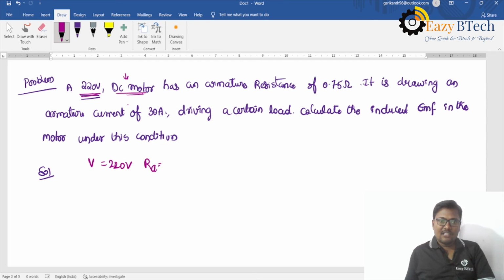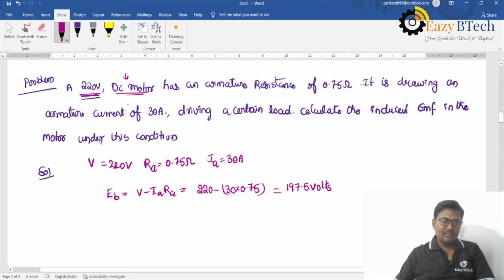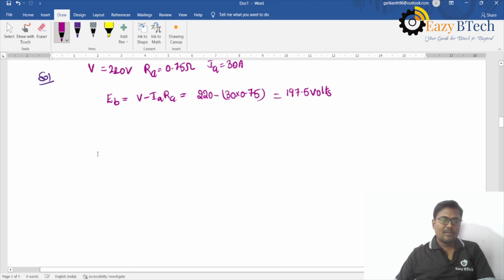Armature resistance is 0.75 ohms and armature current is 30 amperes. Eb = V - Ia Ra = 220 - 30 × 0.75, which equals 197.5 volts. It's a very easy problem.